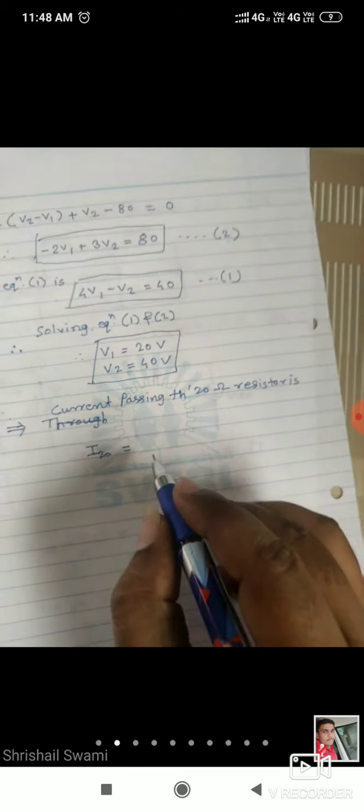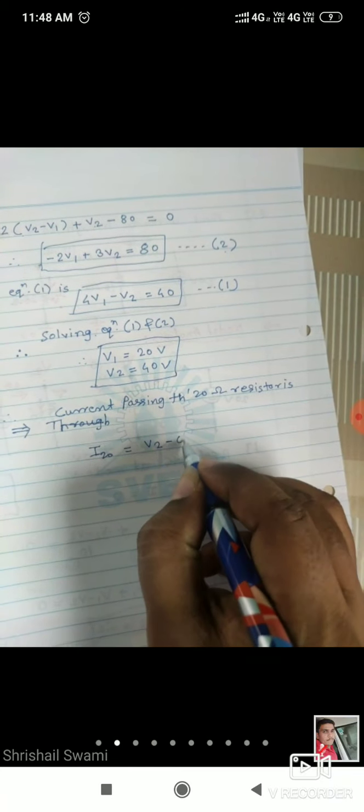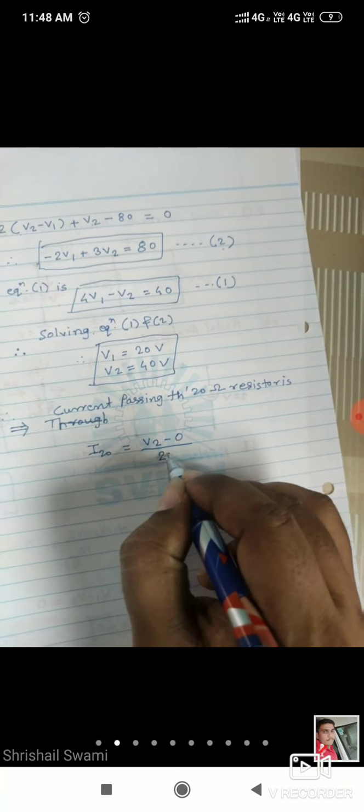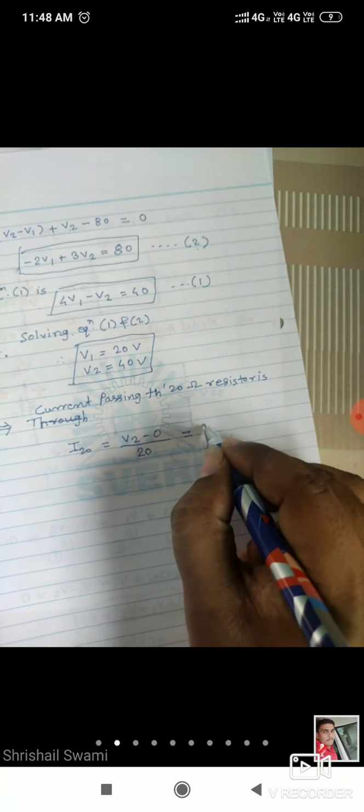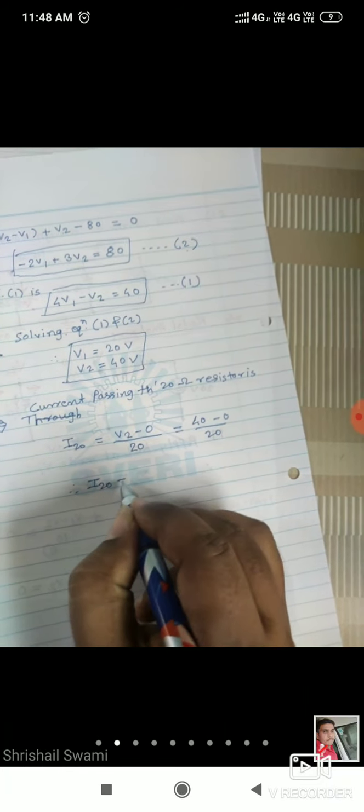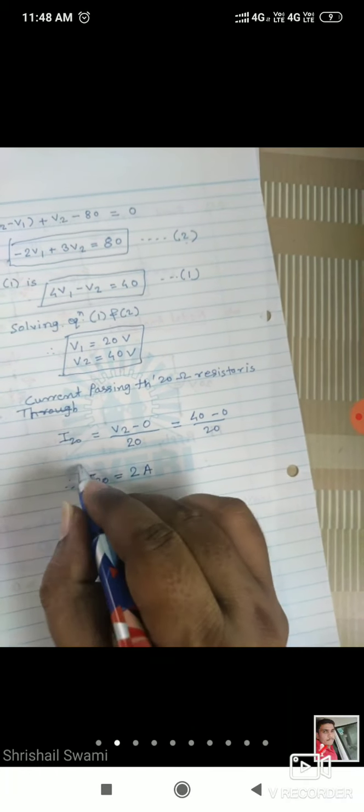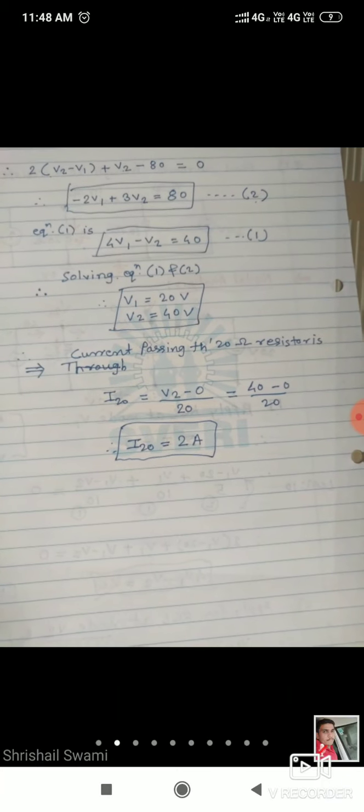I will write the equation using Ohm's law. The current passing through 20 I will call I20. That will be V2 minus 0 divided by the resistor value 20. V2 is equal to 40, so 40 minus 0 divided by 20. So the current passing through the 20 ohm resistor is 2 ampere.